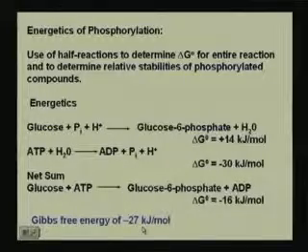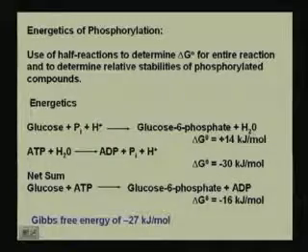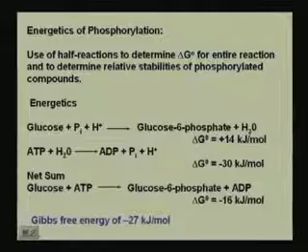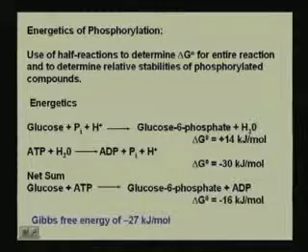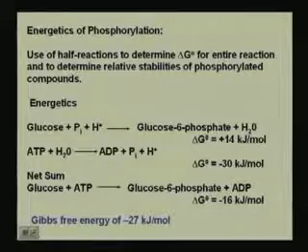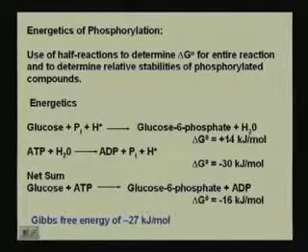So what you can do with this value is actually determine what the ratio of the products to the reactants is. You know what delta G0 is, you know what delta G is, right? You can find the ratio of the products to the reactants, and if it is not mentioned, a delta G0 prime value means you use a temperature of 37 degrees centigrade.